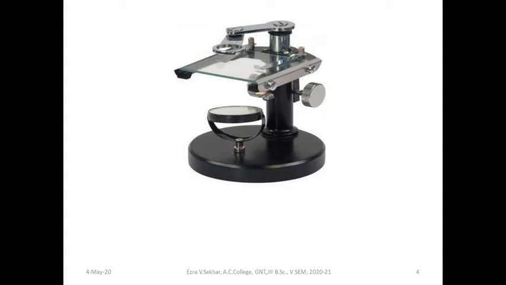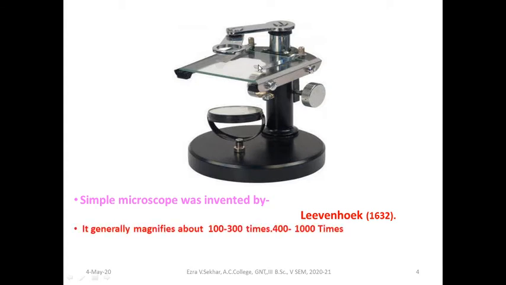In this simple microscope, we use only one lens, called the eyepiece. This simple microscope was discovered by a Dutch scientist called Anton van Leeuwenhoek in 1632, and it magnifies the object by 100 to 300 times.